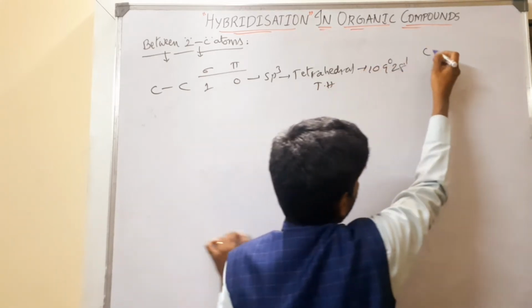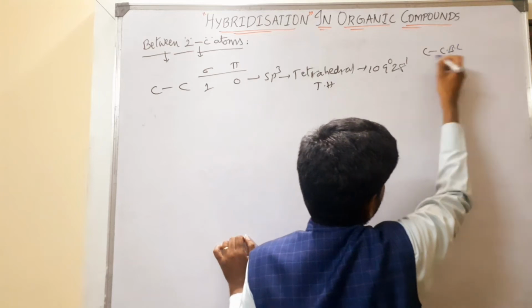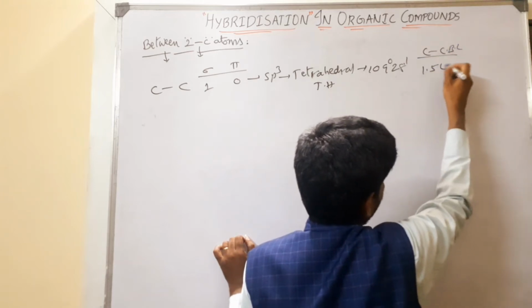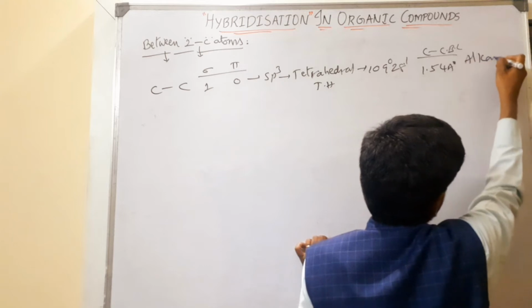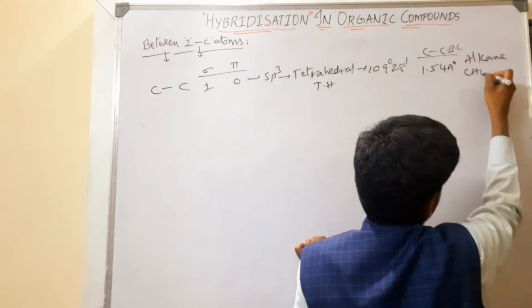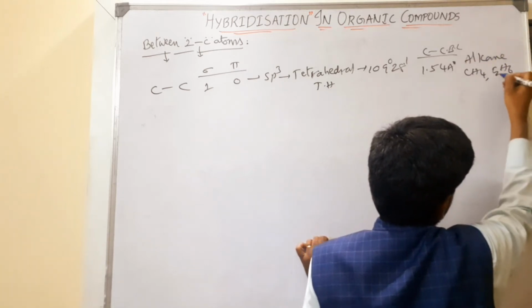The carbon-carbon bond length is 1.54 angstroms, and it is found in alkane molecules like methane and ethane, etc.